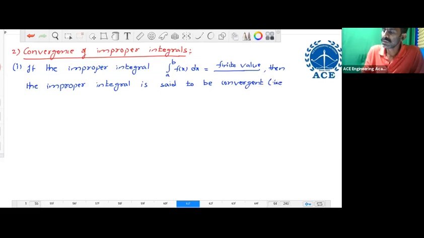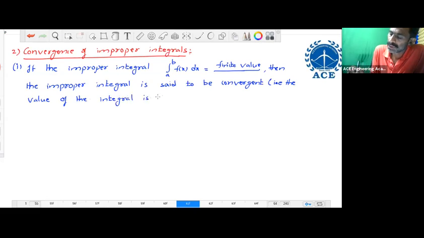That is, the value of the integral is finite, or the integral exists.